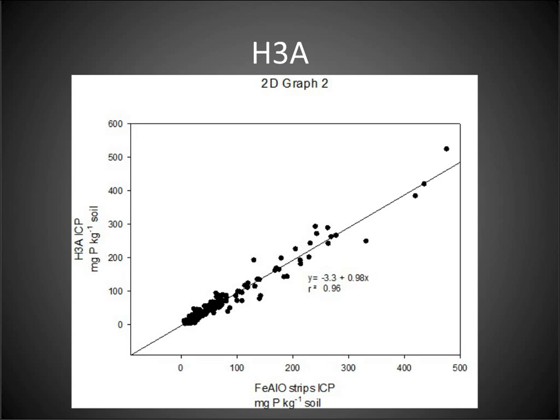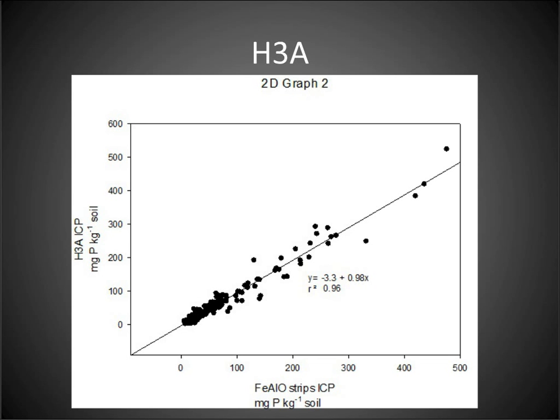This is the same data, which shocked me when I did this experiment initially, using the extractant I developed. I mean, there's a really strong relationship. It's got a great R squared, and the slope is almost 1, which is kind of what we were after, if we could at least mimic the iron aluminum oxide strips.